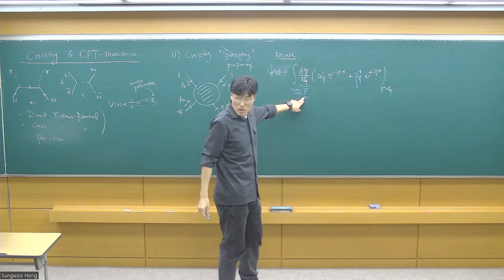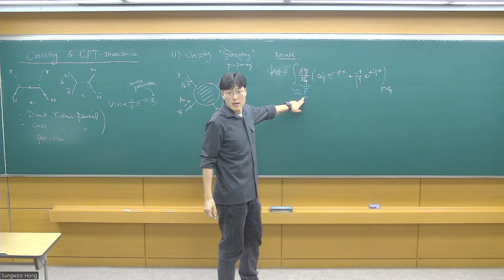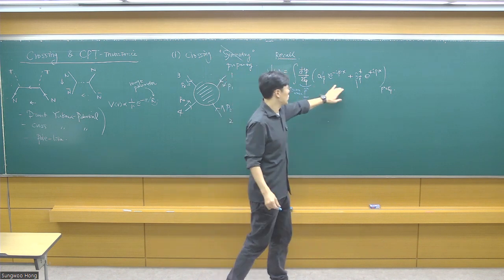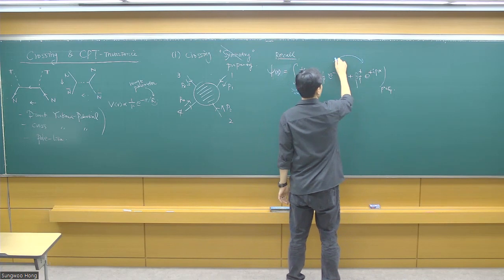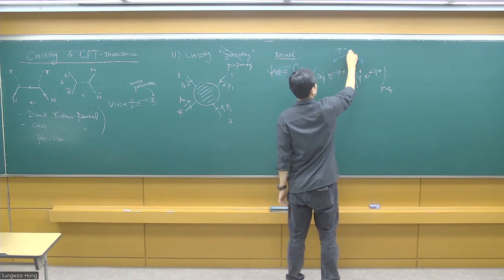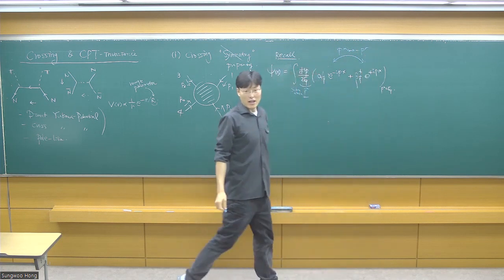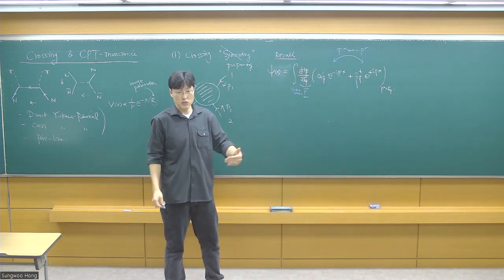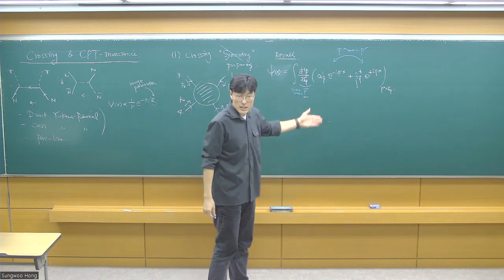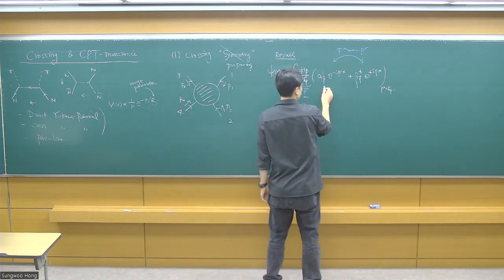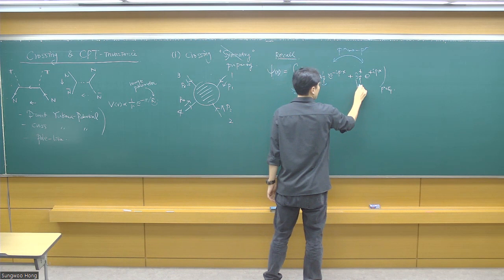But for any fixed 3 momenta, there are 2 terms. And these 2 are related by the fact that I'm just going back and forth between 4 momenta being negated like that, p to minus p or vice versa. But again, when you do that, the 3 momenta doesn't change.